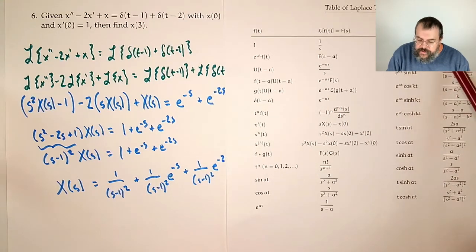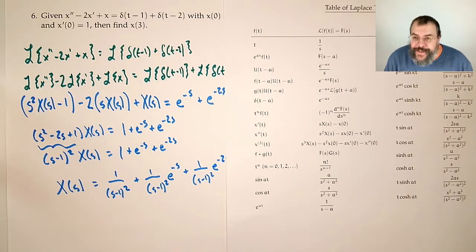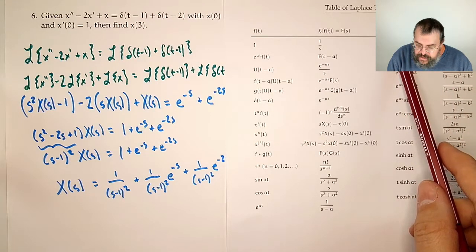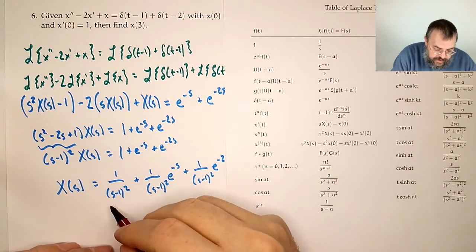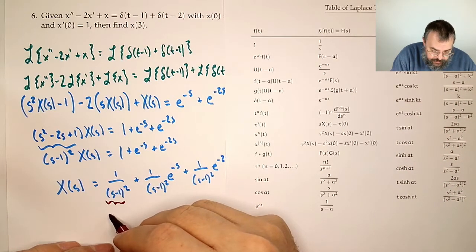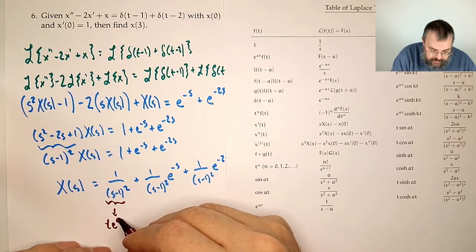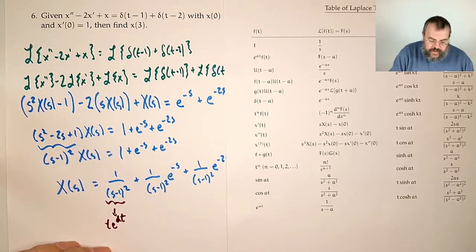It was over here. 1 over s minus 1 squared. Perfect, right on our chart. What does it map to? It maps to t e to the at. Now, in our case, a is 1. So this part here should really correspond with t e to the t. A is 1. All right, great.